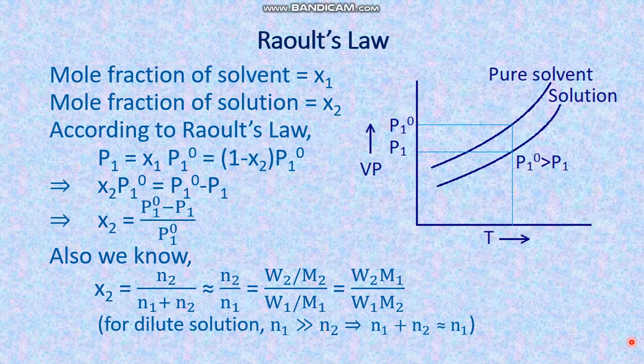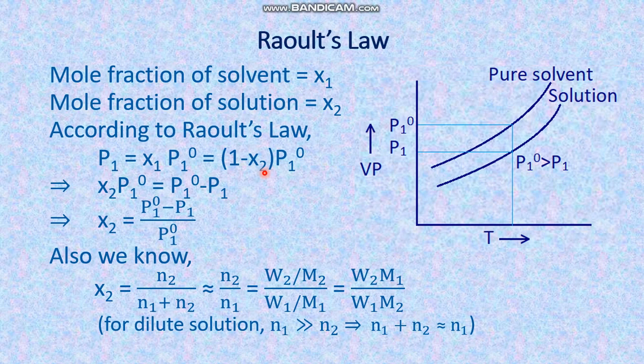Now move on to Raoult's law for a non-electrolytic, non-volatile solute, and that law is P1 equals x1 into P10, where x1 is the mole fraction of the solvent, P1 is the vapor pressure of the solvent within the solution, and P10 is the vapor pressure of the pure solvent.